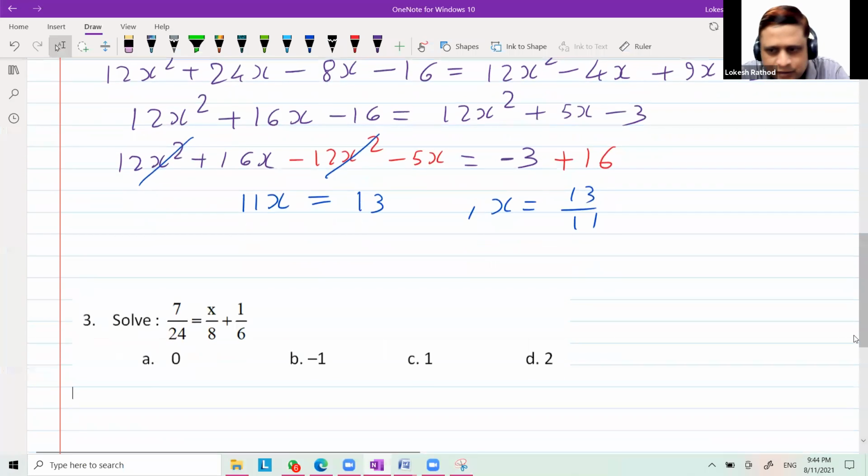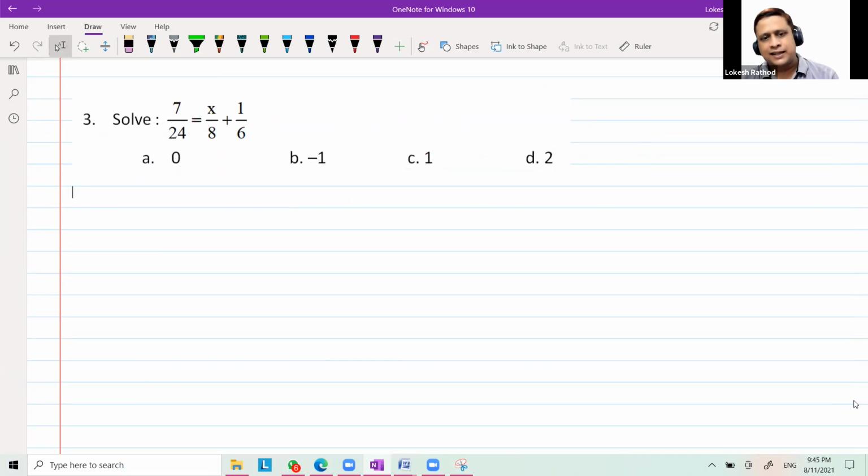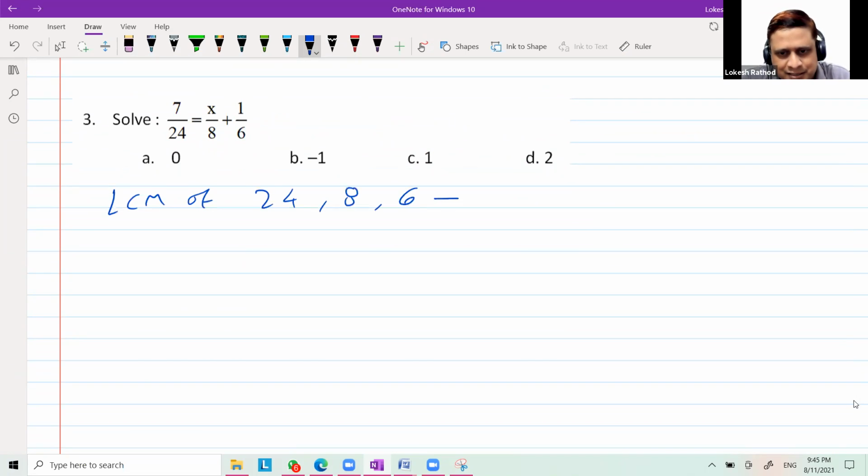It's a question of fractions. We had discussed last time that whenever a fraction is involved, you multiply by the LCM of the denominators. So the LCM of 24, 8, and 6. 8 threes are 24, and 6 fours are 24.